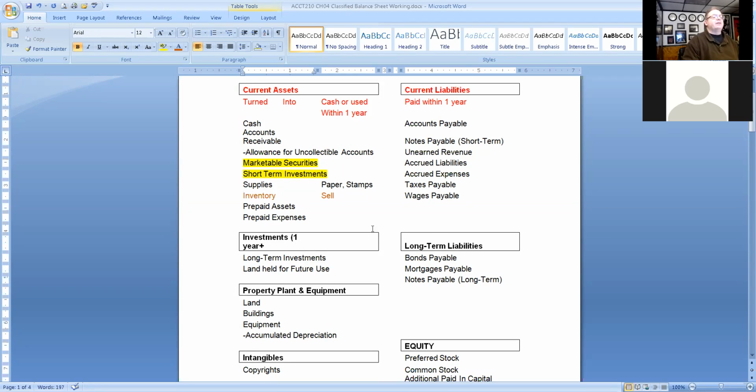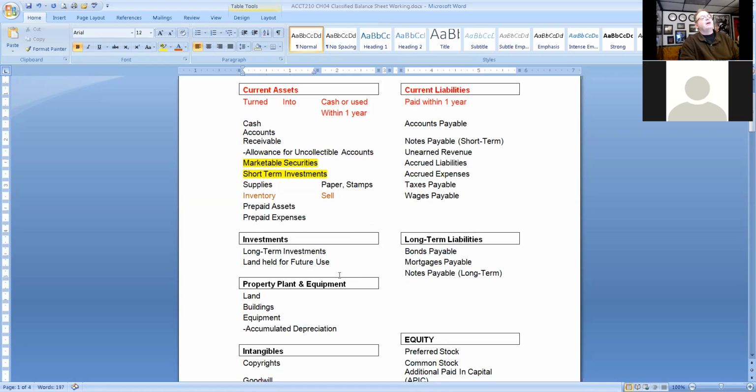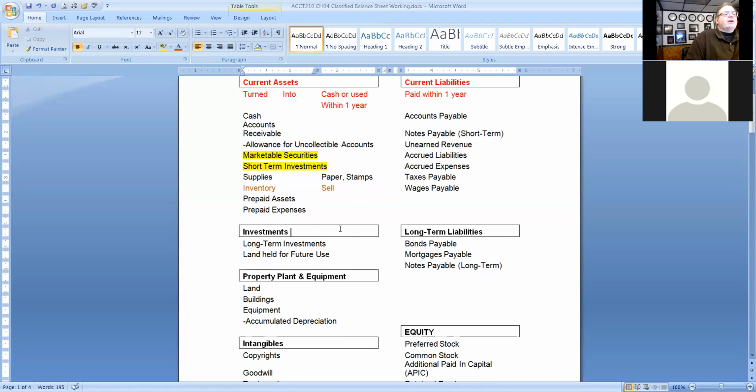Anyway, all these down here are going to be for more than 1 year. Everything underneath here is more than 1 year. Okay. Oh, land held for future use. This one is a little bit interesting.